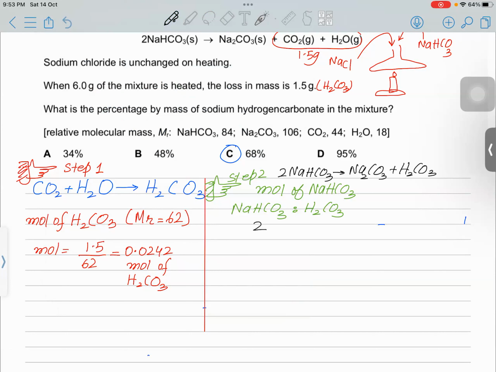So the ratio is 2:1. So 0.0242 of H2CO3 gave 2 times. So X would be 0.0484 mole of NaHCO3.